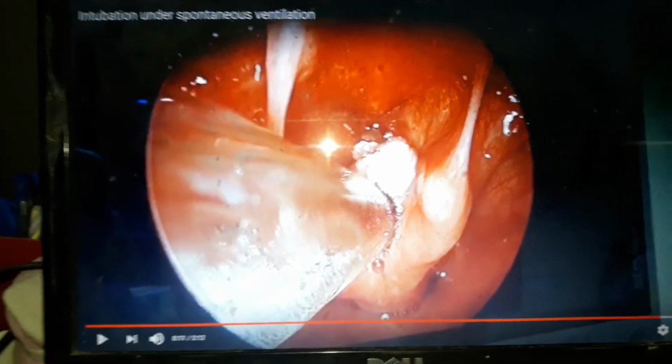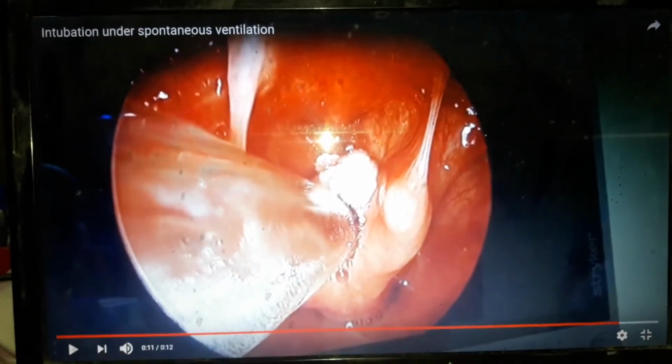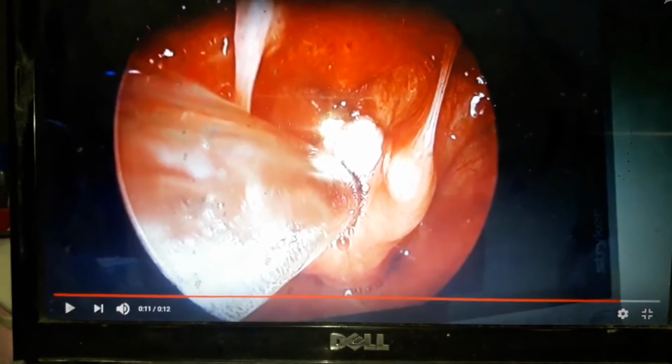Now I will show you the real clinical picture, how the pathology is. See, this is the pathology, multiple laryngeal papillomas in a 5 year old child, almost obstructing the laryngeal inlet.